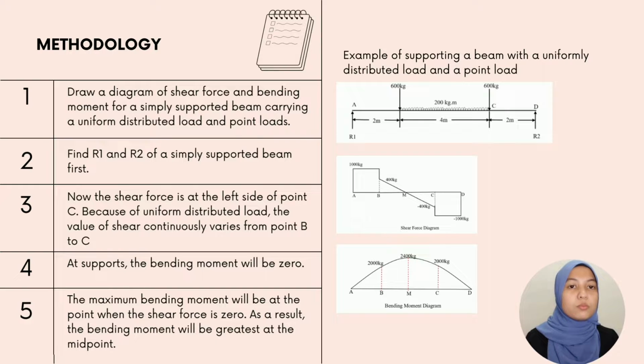There will be no difference in reactions because the beam is symmetrical. So R1 and R2 are 1000 kg. Next, shear force is at the left side of point C. Because of the uniformly distributed load, the value of shear continuously varies from point B to C.